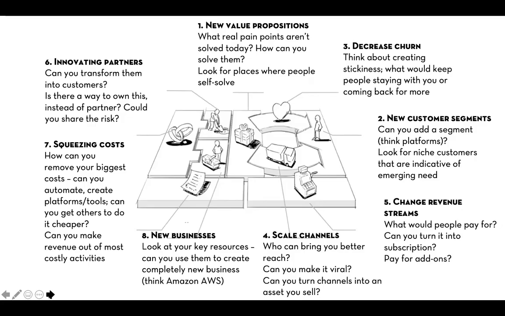So the first one would be around the value proposition. So the question there is, what are the real pain points that aren't being solved today? And the way you would look for these is looking for places where people are hacking it, where people are self-solving issues.